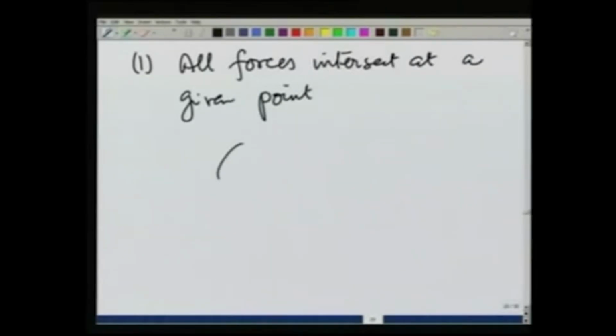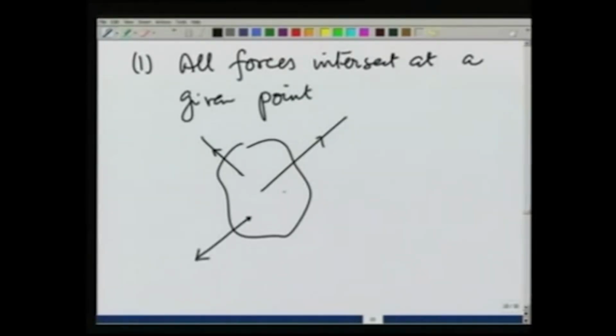So, suppose there is a body and all the forces applied, they may not be applied at the same point. So, F1, F2, F3, F4, but they all intersect at a particular point. Let me show this point here like this. They all intersect at this point.